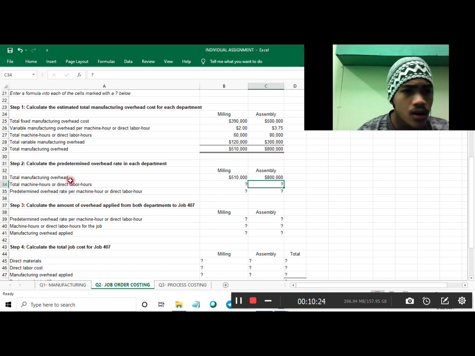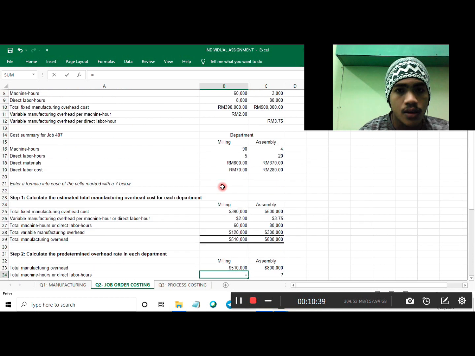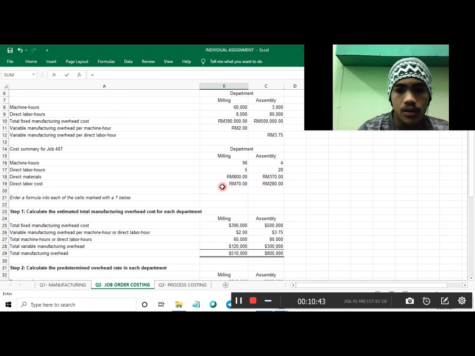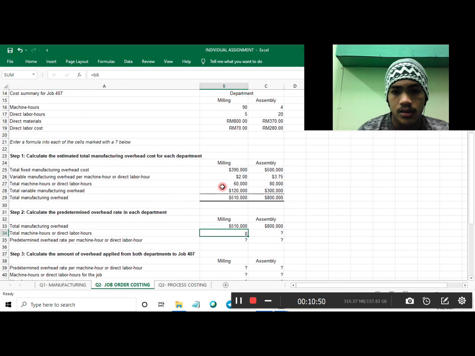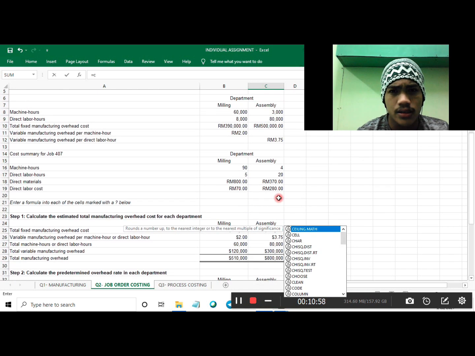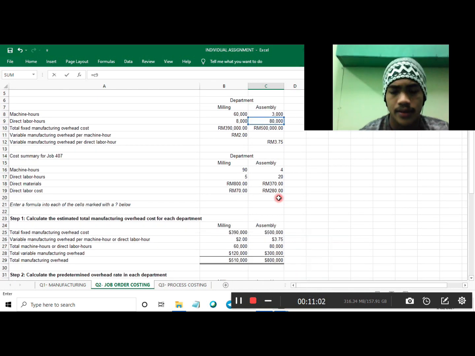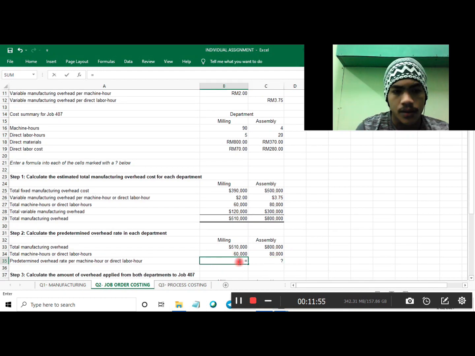And then for total machine hour or direct labor hour, for the mailing department using machine hour, we just take from the data, B8, and for assembly C9, 30,000. So the overhead for the mailing department divided by the total machine hour for the mailing department. So we get 8 ringgit 50 cent.